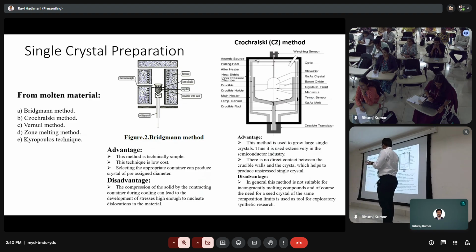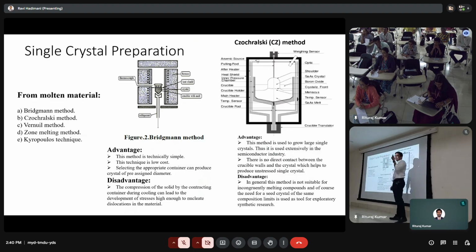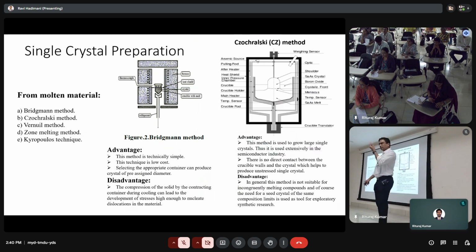So basically, if you look at all these techniques, what they do is there is a well-controlled temperature zone, and then you need a seed to initiate the crystal growth. However you orient that seed, the crystal will start growing in that direction. In order to accelerate the growth, some processes will start pulling the crystal out of the molten bath.